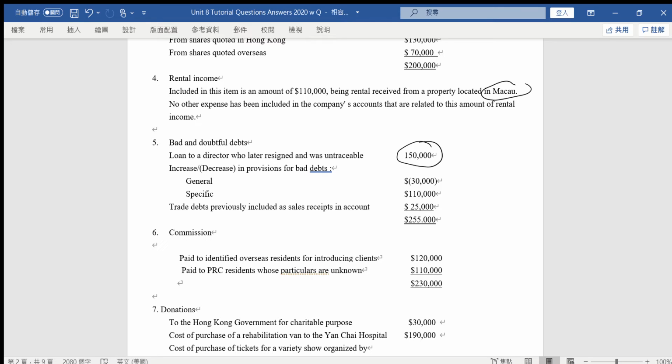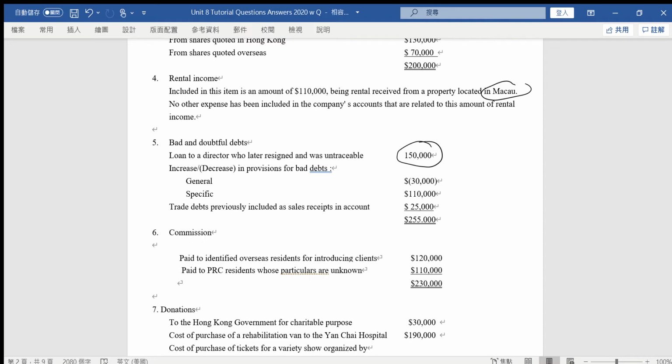Then about the provision for bad debt, by looking at the information given, there is a decrease of the general provision amount. Because of that, it should be minus. As I already mentioned, if there is a decrease, you minus; if there is an increase, you add back.